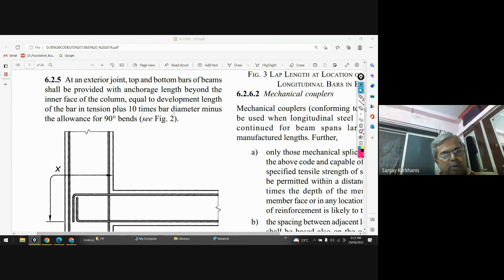Now this 10 times bar diameter and the allowance for the 90-degree bend are almost equal, and that's why we say that the available Ld shall not be less than the required development length.